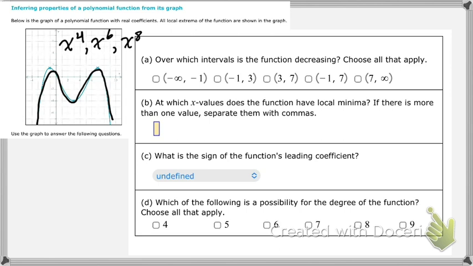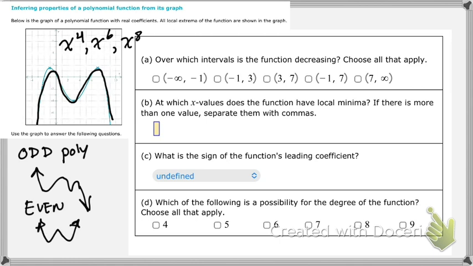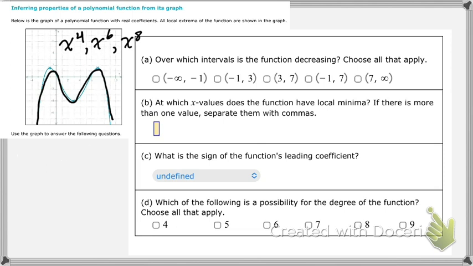Now it can't be any odd, and hopefully you've picked this up, that odd polynomials always have opposite directions on their end behavior. Even polynomials always have the same direction on their end behavior. That's something that I hope you inferred in a previous introductory lesson.